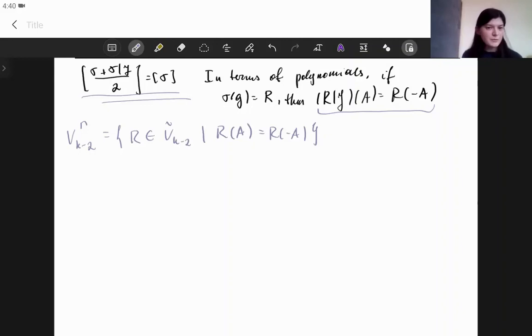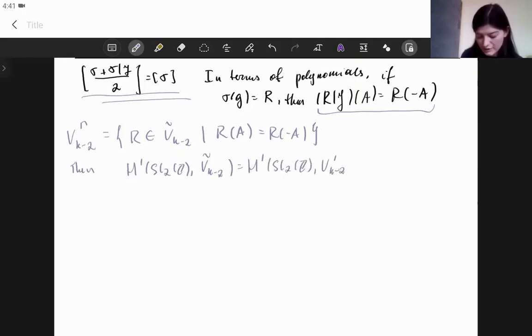We really didn't do much by restricting V_{k-2} tilde to V_{k-2} gamma. In particular, the cohomology groups, whether we take coefficients in V_{k-2} tilde or V_{k-2} gamma, doesn't change the cohomology.